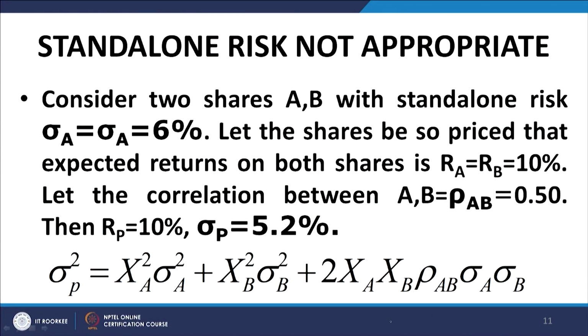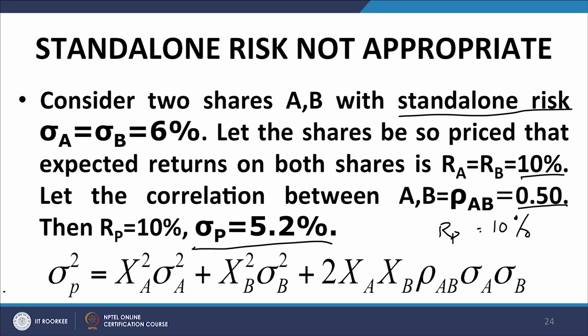Let us try to understand why this question arises. Let us say we have two securities A and B. The standard deviation, which is a measure of standalone risk, is the same for both the securities, 6%. Standard deviation for A is 6%, standard deviation for B is also 6%.